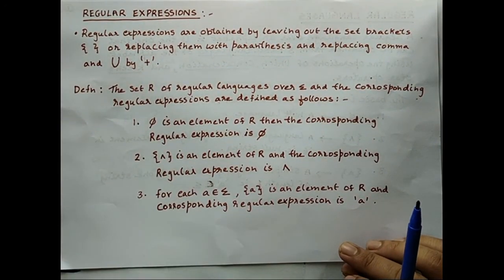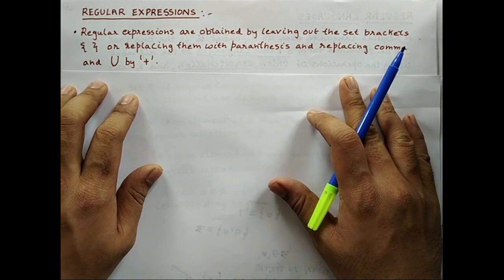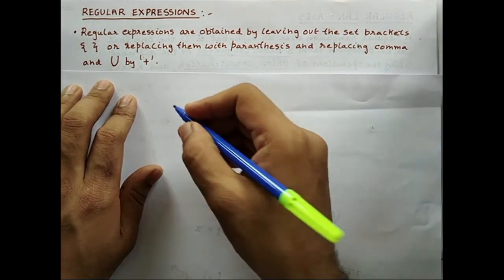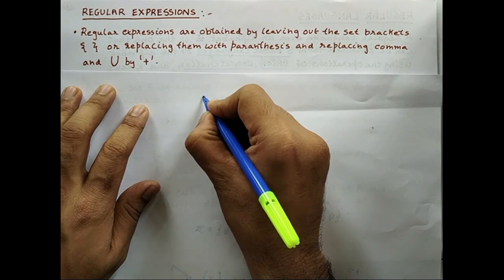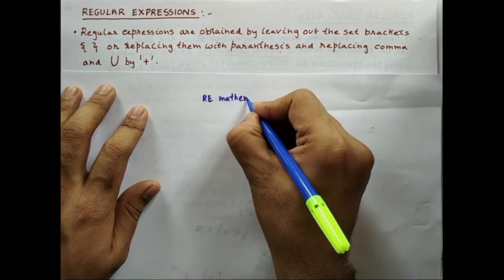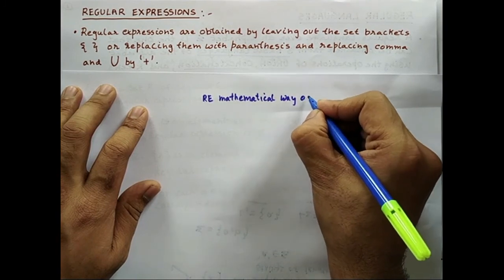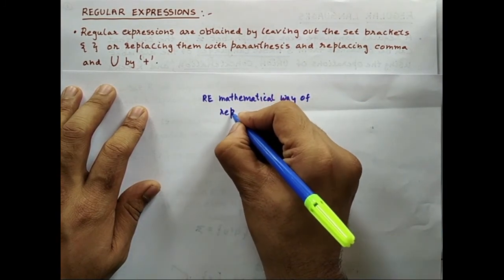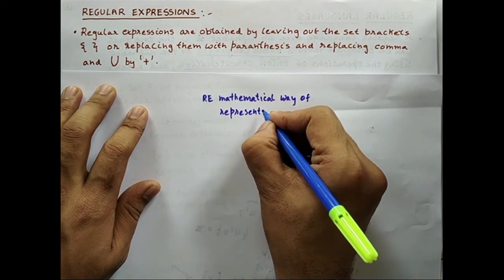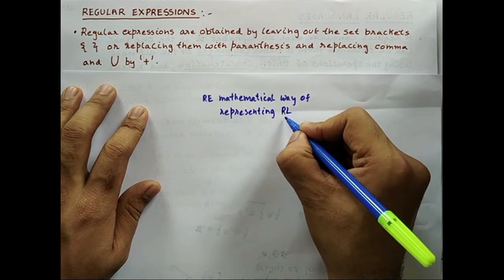Once we are done with regular languages, next we are going to see what regular expressions are. A regular expression is just a crisp, clear way of representing regular languages. In different words, a regular expression is a mathematical way of representing regular languages.